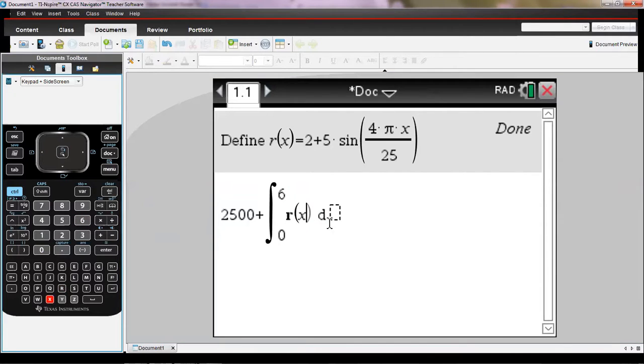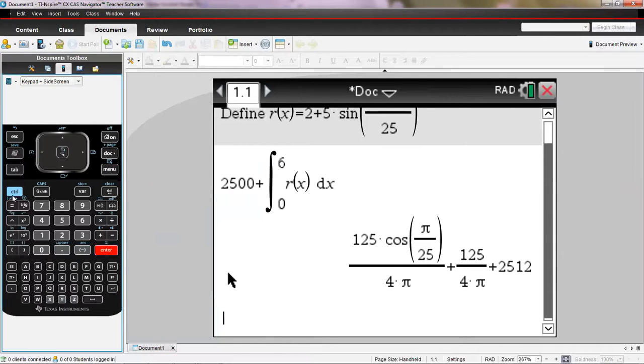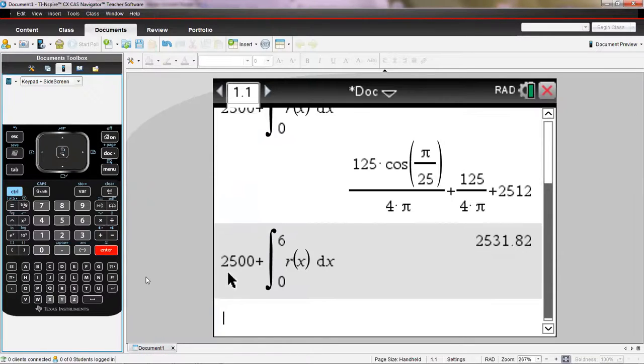I don't have to type the x again. You see it's exactly the same formula on my paper. And then I press enter, and I get something strange. Well, if you have something strange, just press Control Enter, and then you get 2,531.82.